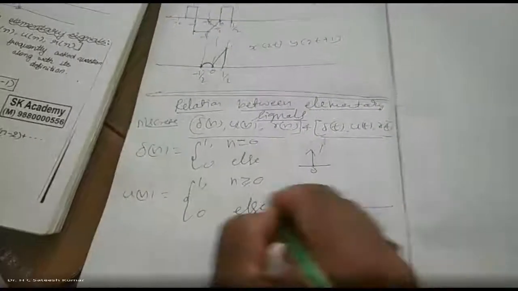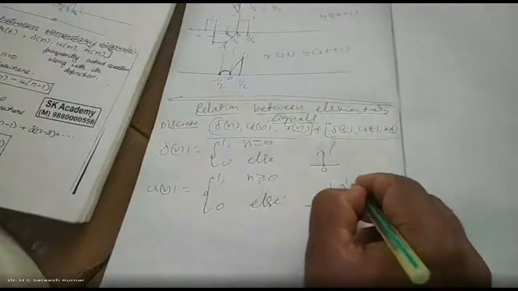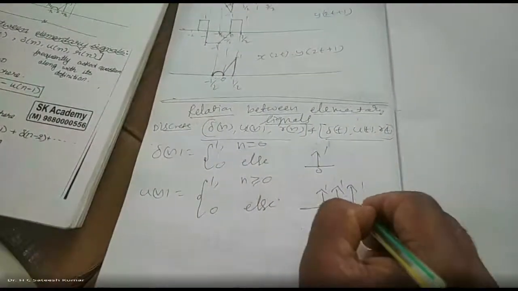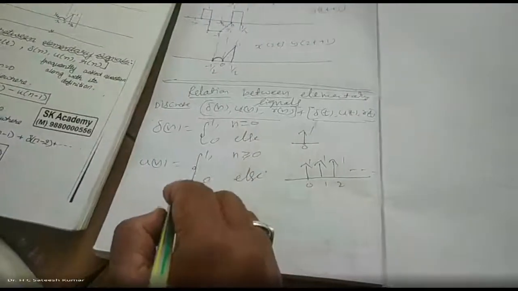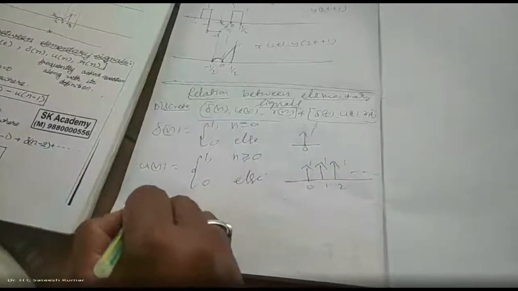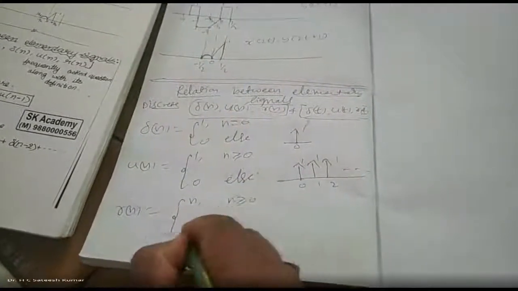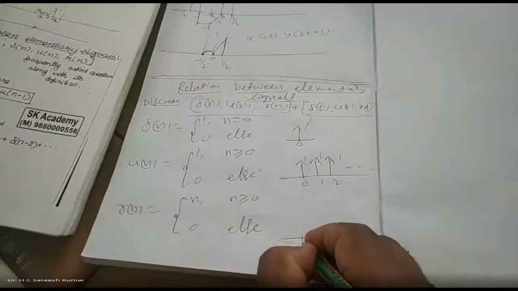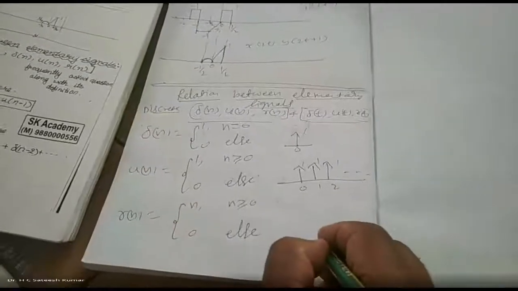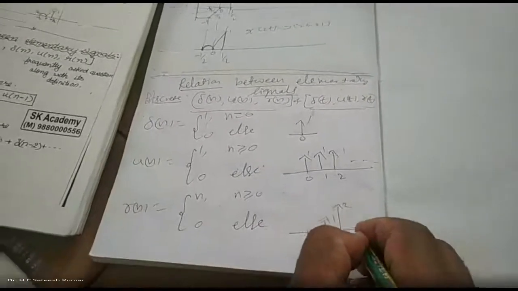So starting from 0 up to infinity, only at integer values, its value is 1. Next, R of n is equal to n for n greater than or equal to 0 and is equal to 0 elsewhere. So starting from 0: 0, 1, 2, 3.